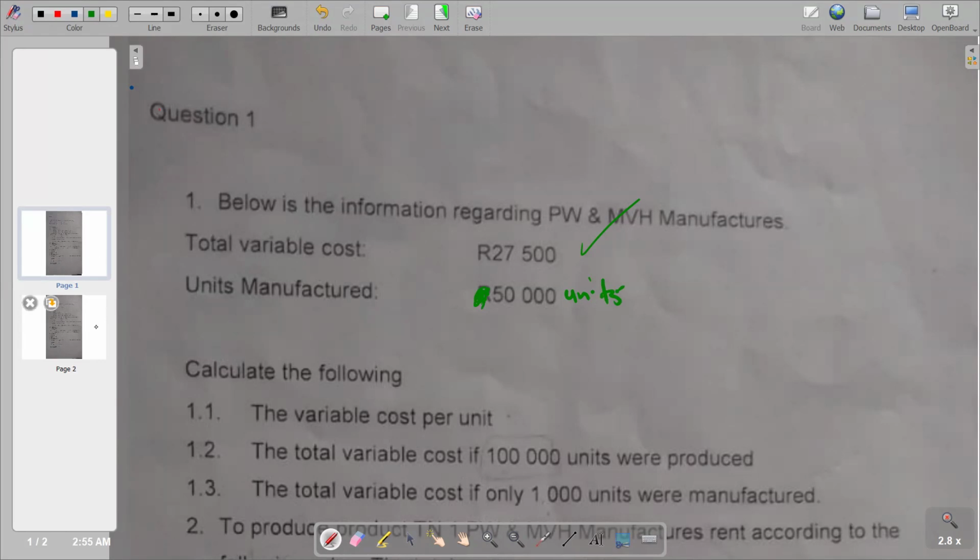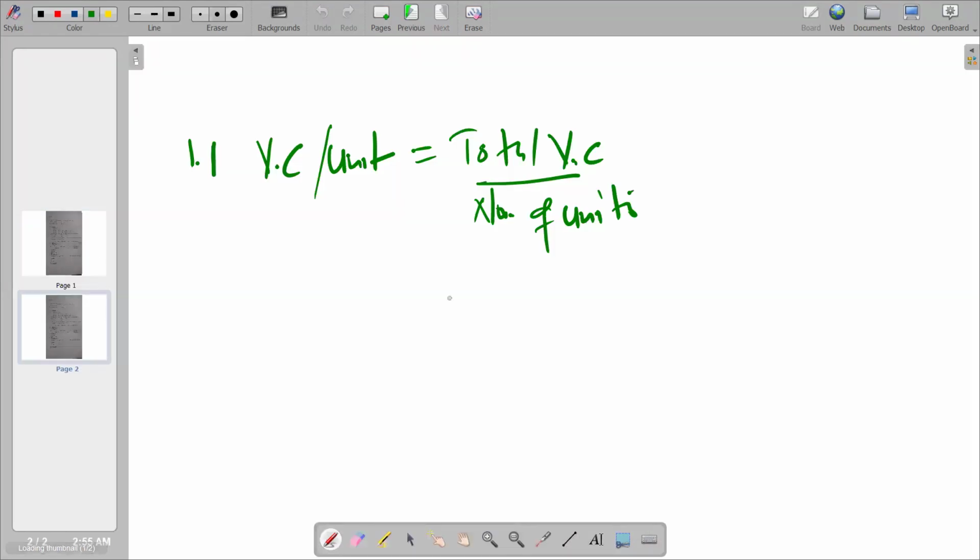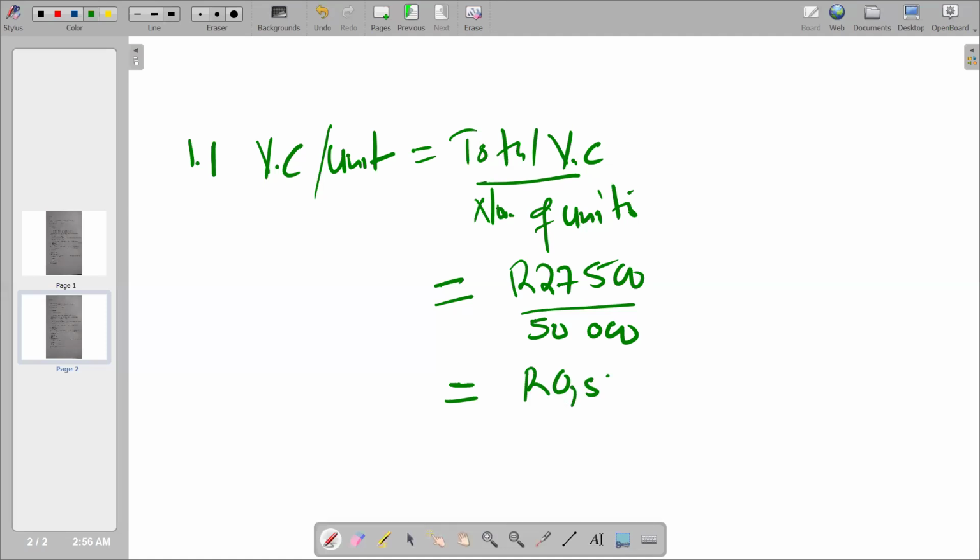Basically we are saying 27,500 rands, then we divide by 50,000 units. We see that the answer that we are going to get is 55 cents per unit. So this becomes our final answer on the first part.